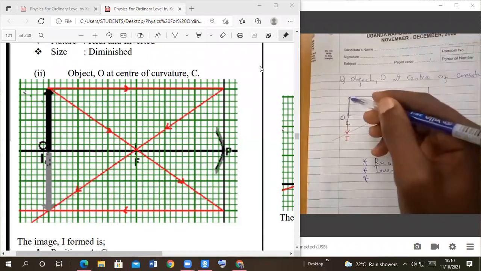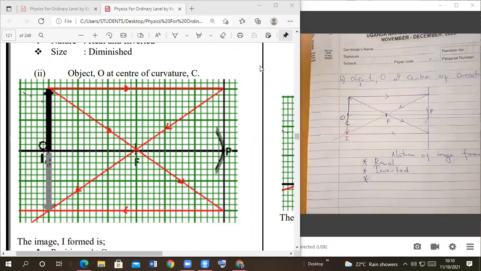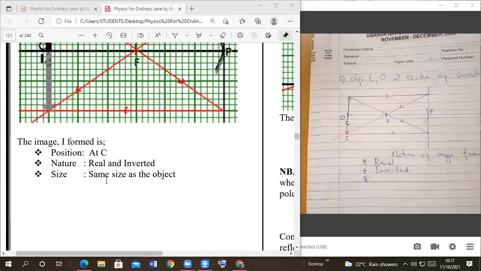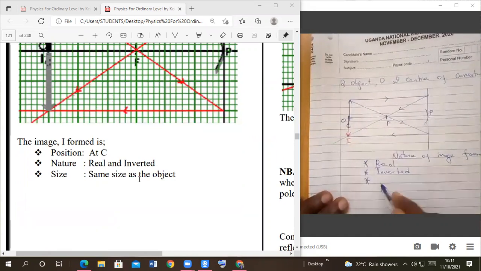Members, you look at the size of the image and the size of the object. They are almost the same, not so? You can even see from our diagram here.